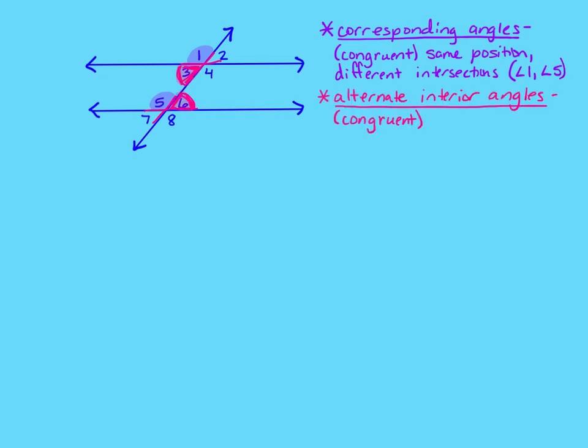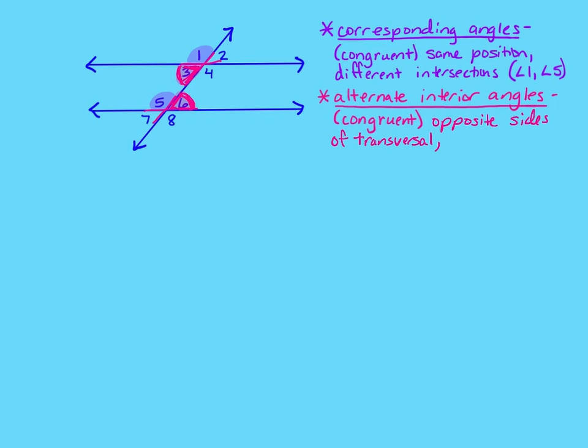Okay, here in pink, we have alternate interior angles, such as angles 3 and 6. They are congruent to each other, and they are just as their name says. Alternate means that these are on opposite sides of the transversal, or opposite sides of the transversal line could also be stated.